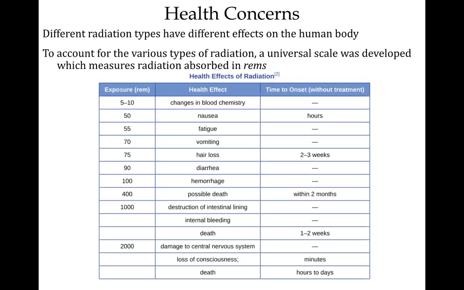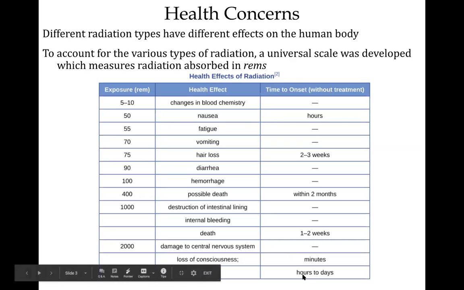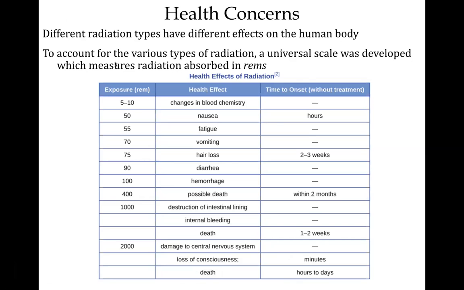And the way we measure that is in rems, which I'll get into later on in the lecture. But this chart is just breaking down the different exposure levels to the side effects.